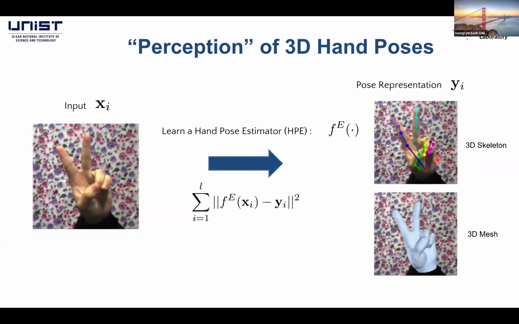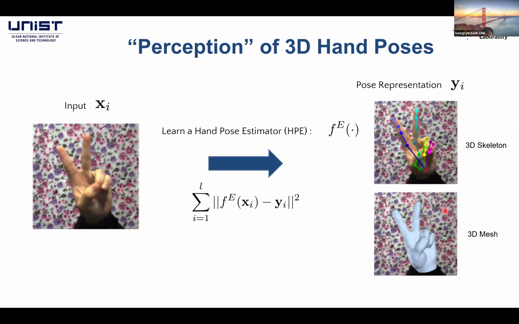In the human body, there are about 20 predefined joints. And for the hand, there are 21 predefined joints. Because there are 5 fingers, 4 points are defined for one finger, so with 5 fingers there are already 20 joints. And 1 point is defined at the wrist. So there are 21 keypoints defined.